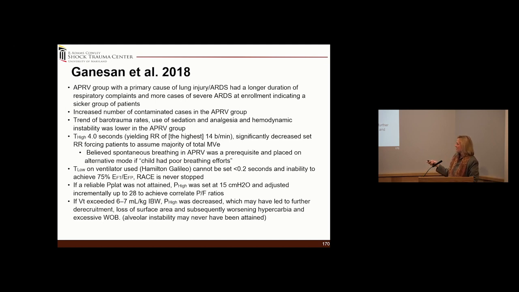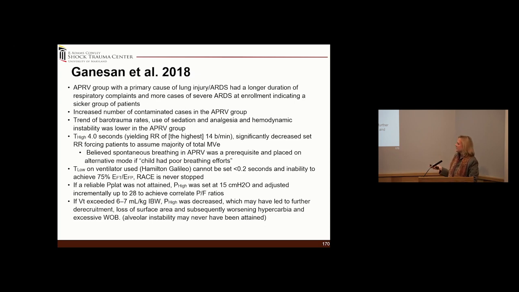The T low, again, could not be set lower than 0.2 seconds, and if you do not achieve that 75%, repeated alveolar collapse and expansion is never stopped. If they could not attain a reliable P plat, the P high was set at 15 first, and then adjusted up to 28. So just imagine the time frame it took for each sequential gas to get to 28, and what the patient's effort was like.